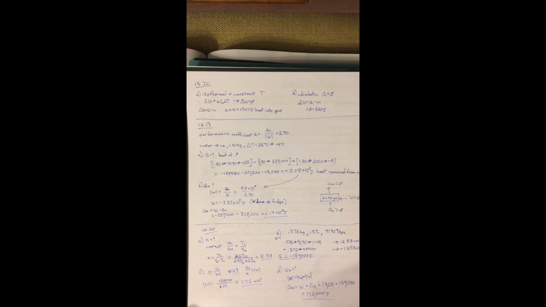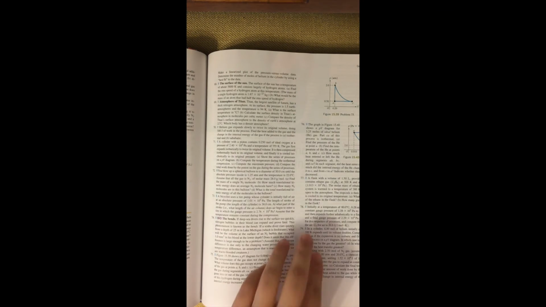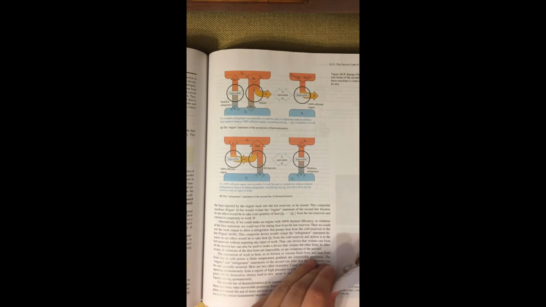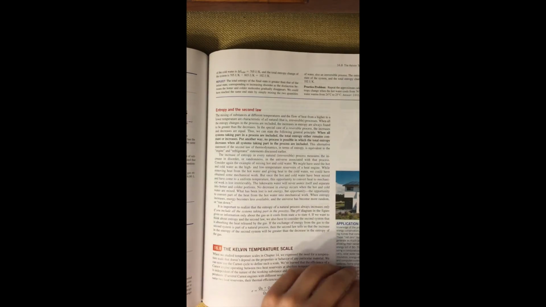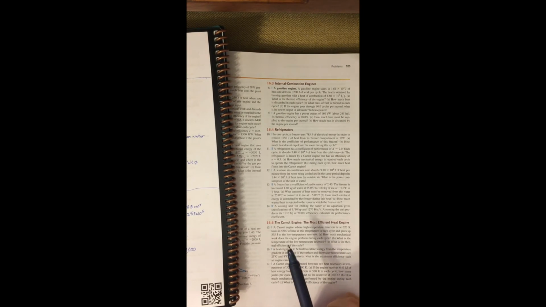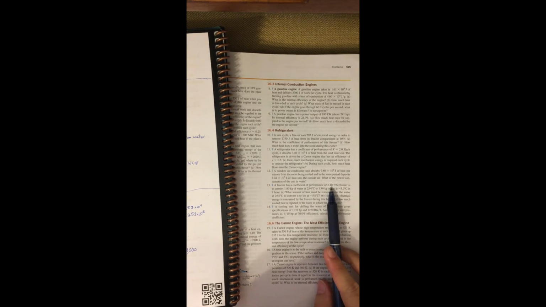Then we will move on to 16.13. A freezer has a coefficient of performance 2.40.